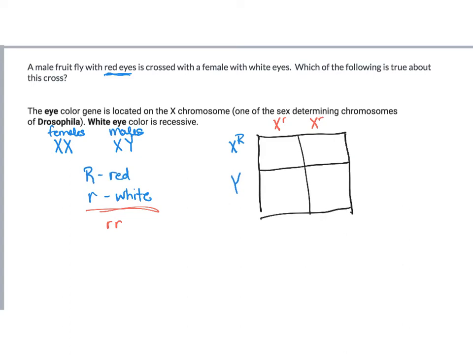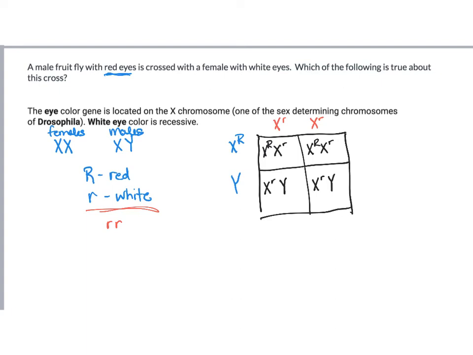And do the combinations. And so we would see that we have X big R, X little r, X big R, X little r, X little r, Y, and X little r, Y. So in addition to knowing eye color, you can also see the percentage of males and females with that eye color.